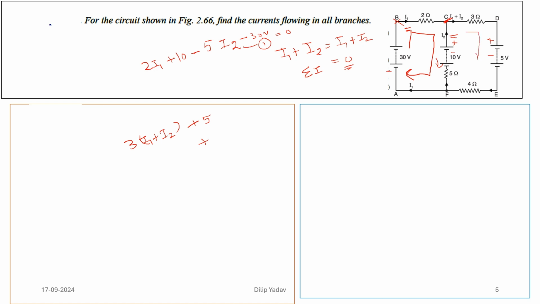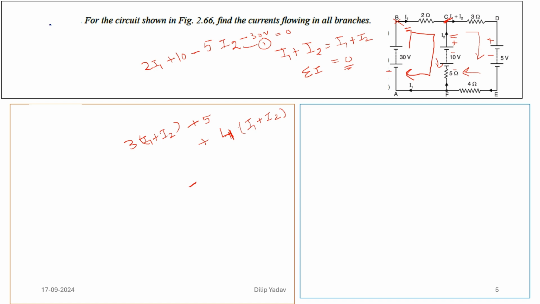So this will be 4 times I1 plus I2, because this was the current flowing across. No resistance is there, so the current will remain the same. Coming to this point, this is the 4 volt, this is 4 ohm.